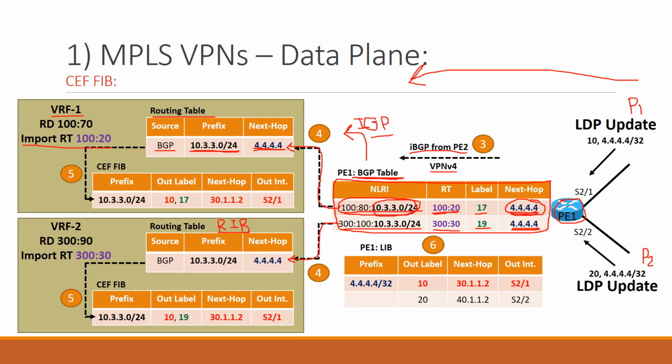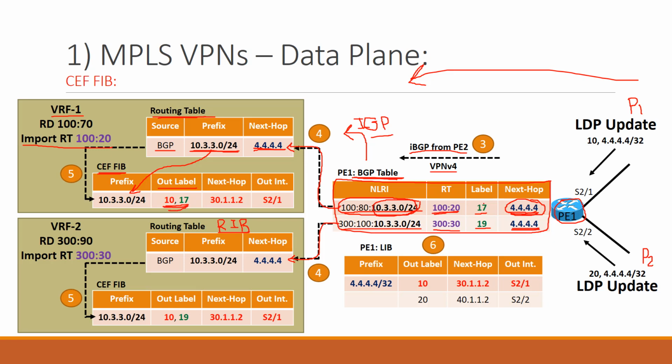The next step is constructing the CEF forwarding information base from the routing information base inside VRF1. How will this be accomplished? The prefix will be stored as a prefix. The out label contains two labels.